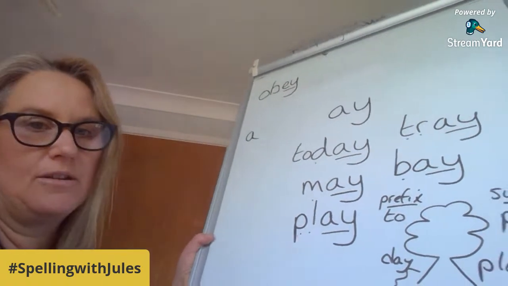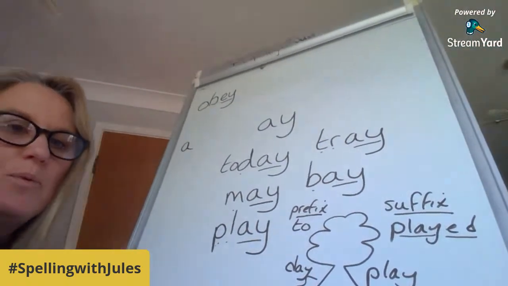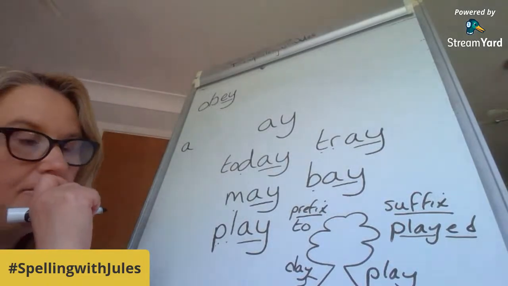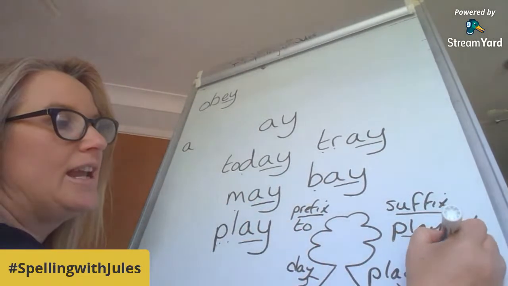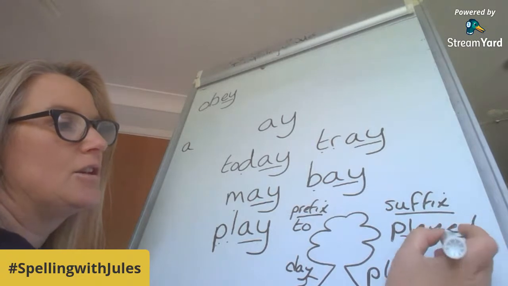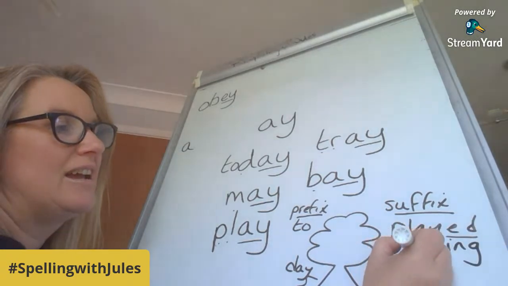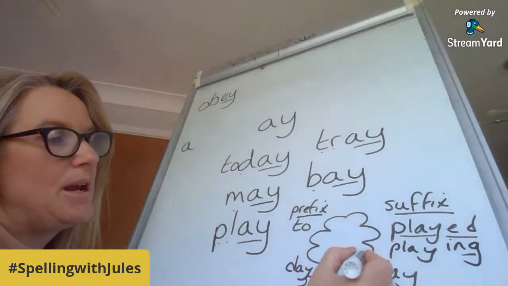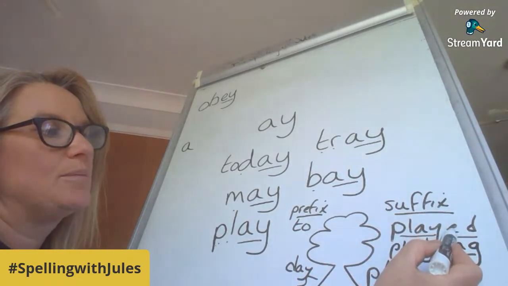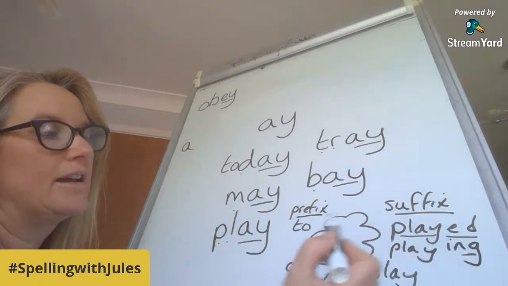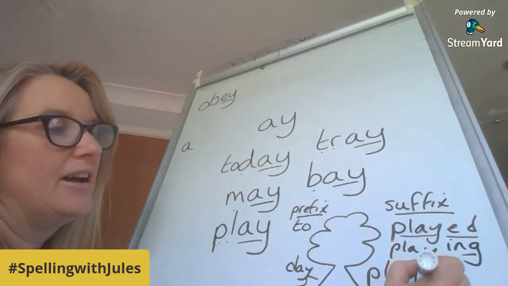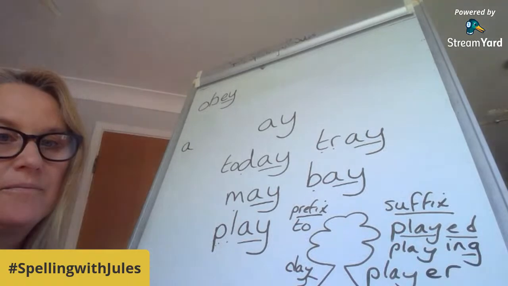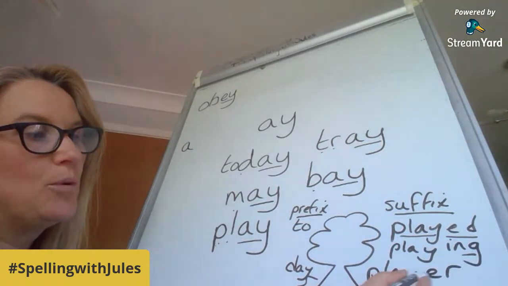Oh, hang on a minute. You can't see that. Sorry. I've moved my board. And then you could also have an ing. So you could have playing. So your root word is play there, and your suffix could be ed or ing. You can even have player, okay, like a football player.